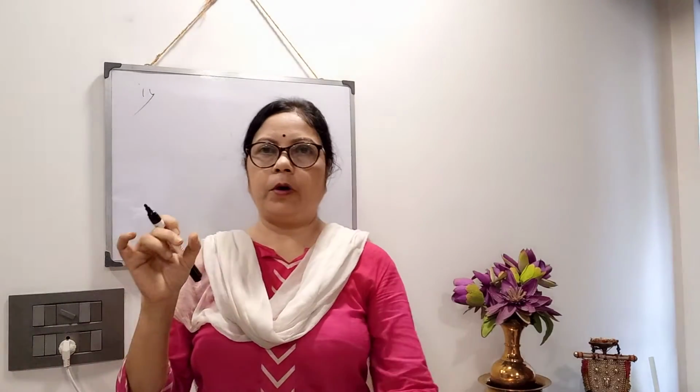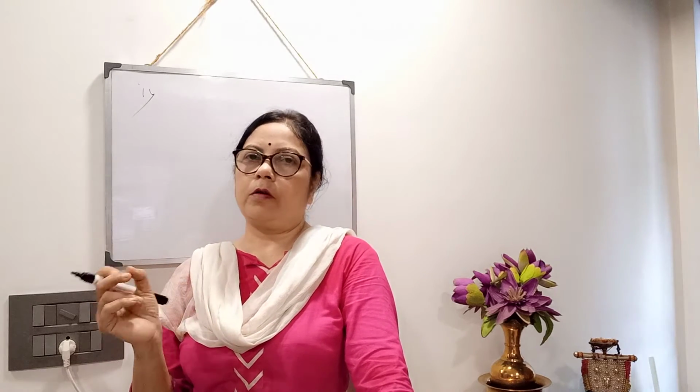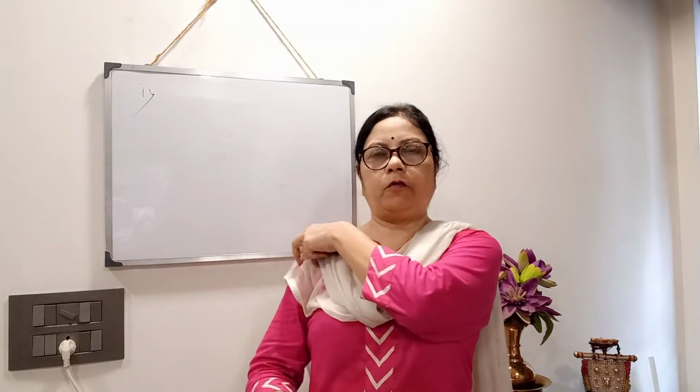Now first point is that a1x plus b1y plus c1. a1 is the coefficient of x, b1 is the coefficient of y, and c1 is the constant term. Similarly, in second equation, a2 is the coefficient of x, b2 is the coefficient of y, and c2 is the constant term.